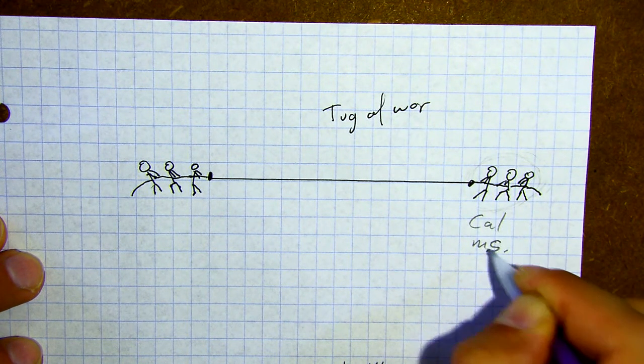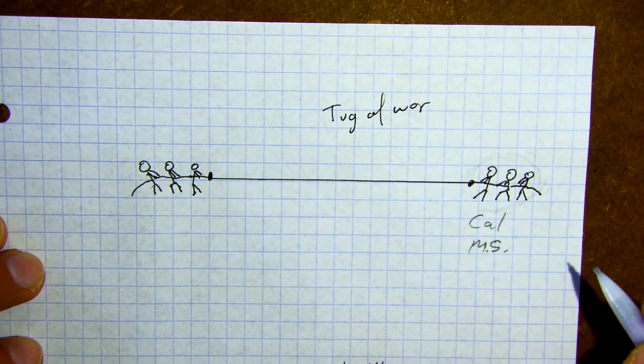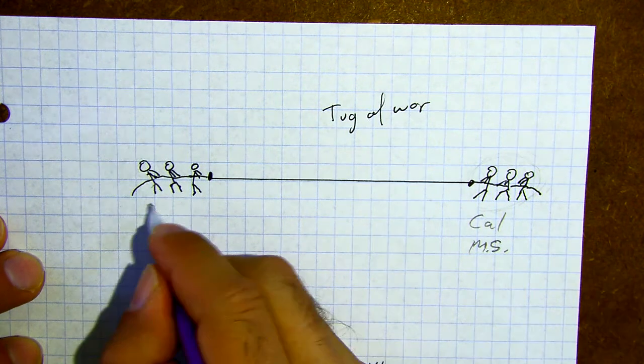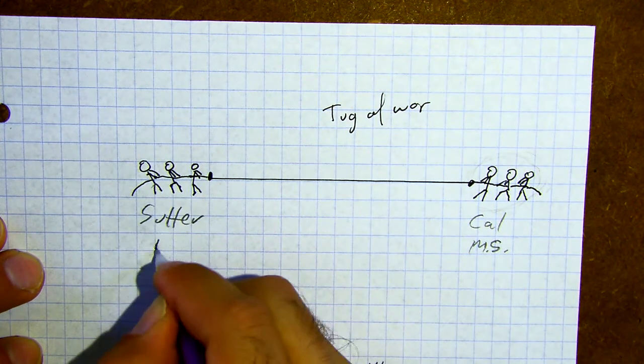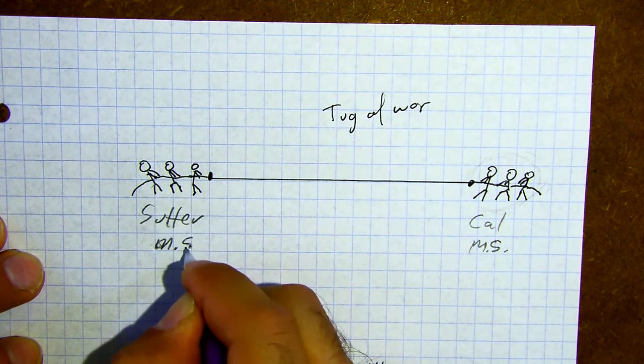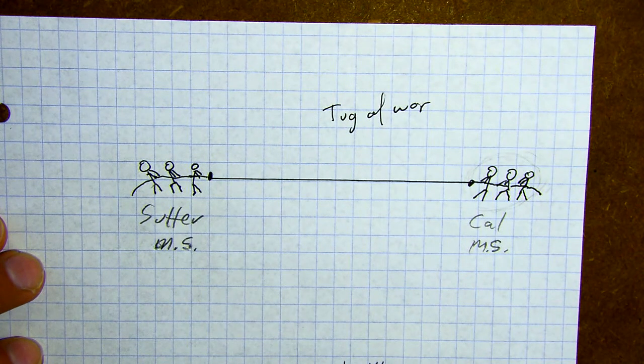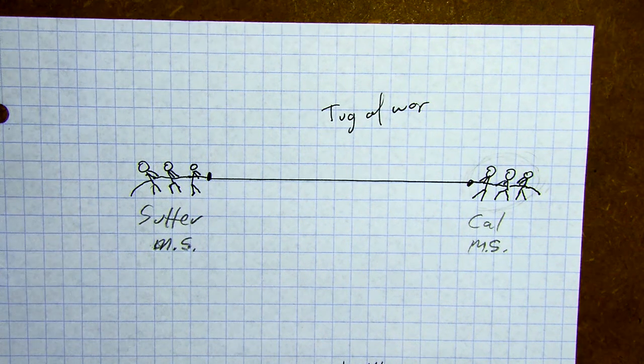Oh, somebody's from Cal. And what were you? Sutter Middle School. Personally, I had nothing against Cal. But our teachers made it so. They made it so it was like Cal's this horrible, sucky school. Oh, Sutter's so much better. I'm like, I don't think that's true. No. And it changes. They're good in their own ways. That's a good point.